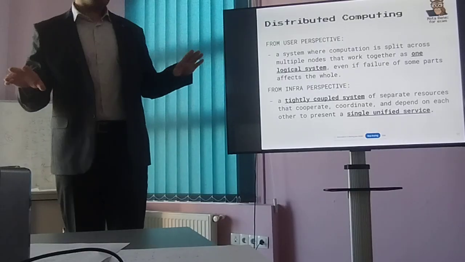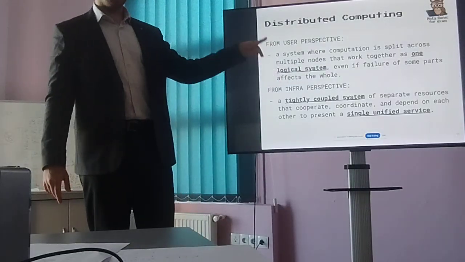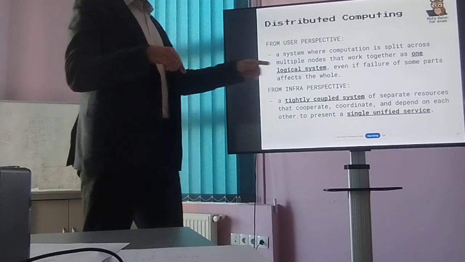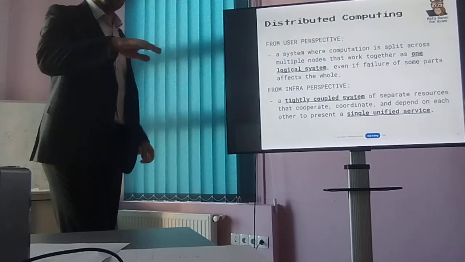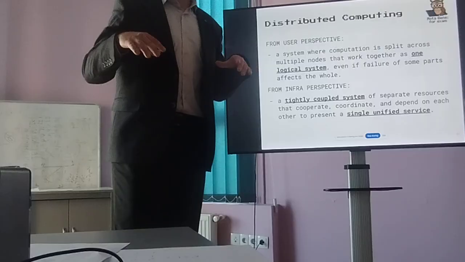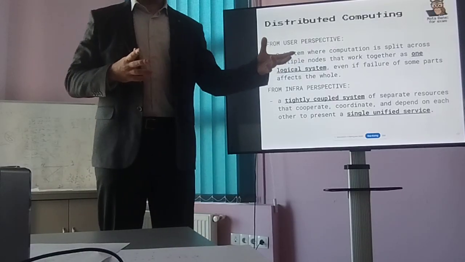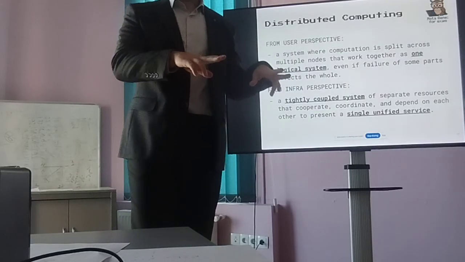All the nodes work together as one logical system. It does mean that a distributed system also fails if we drop one node, because the functionality is spread out on the service, not from the perspective of being decentralized, right? The whole thing is essential, basically.